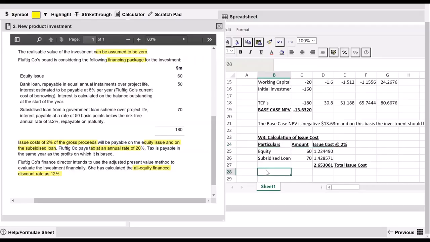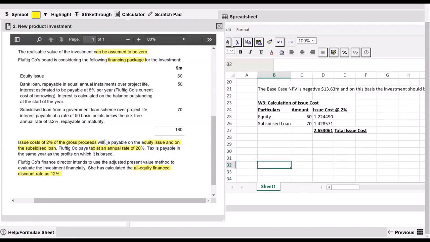Now, the next requirement which we need to calculate is the interest tax savings. So there are two interests. We've got the bank loan interest and the subsidized loan interest. So moving on to the next, working note number four, which is finding out the present value of tax relief on bank loan.